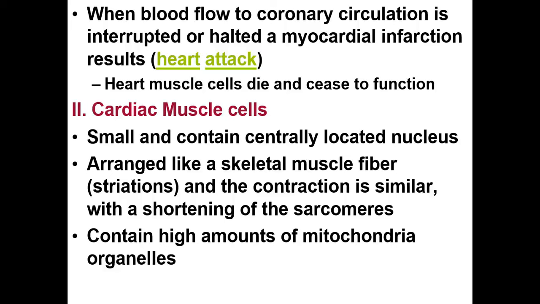Another similarity to skeletal muscle tissue is that cardiac muscle tissue contains a lot of mitochondria. You don't have to think about this hardcore, it should seem fairly obvious. When you use your muscles a ton, they require a ton of energy. Your skeletal muscles can reach fatigue.